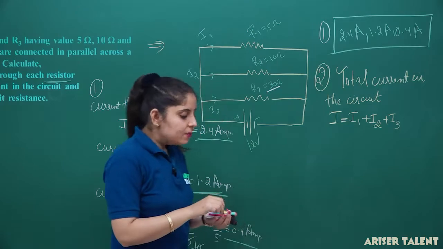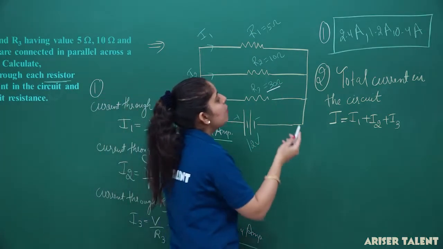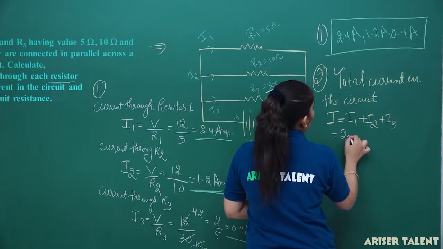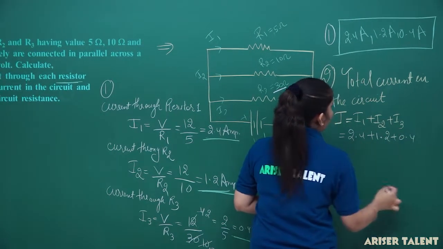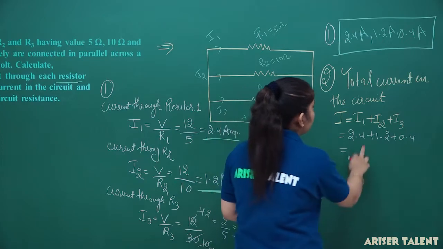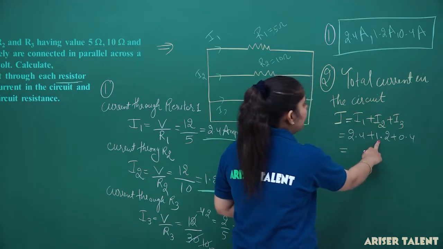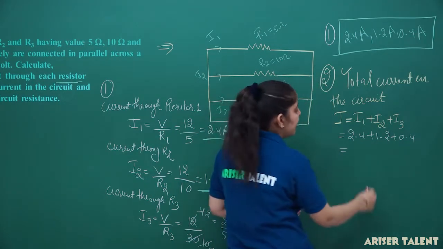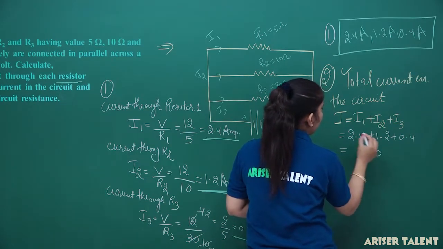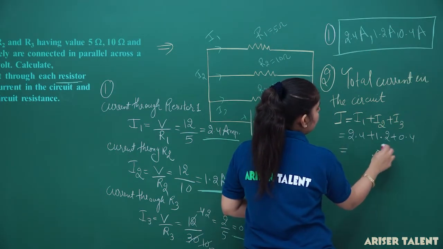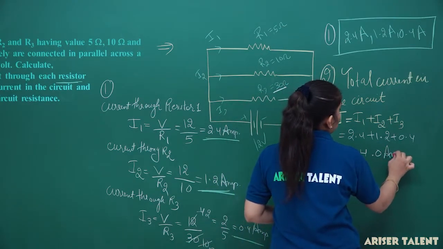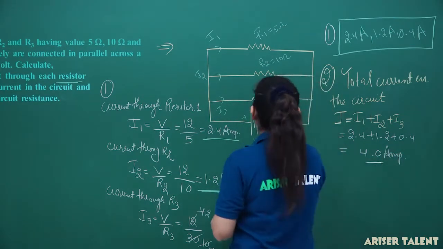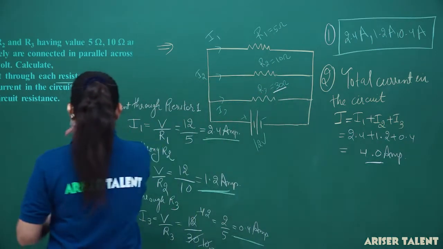So this will be our third solution. So the value of I1, I2, I3 is 2.4 plus 1.2 plus 0.4 and it came out to be 4 plus 2, 6, 6 plus 4, 10. So the total is 4 ampere. So the total current in the circuit is calculated as 4 ampere.